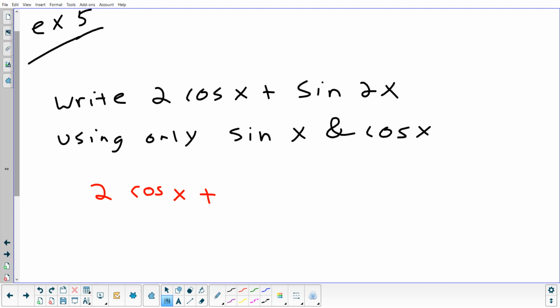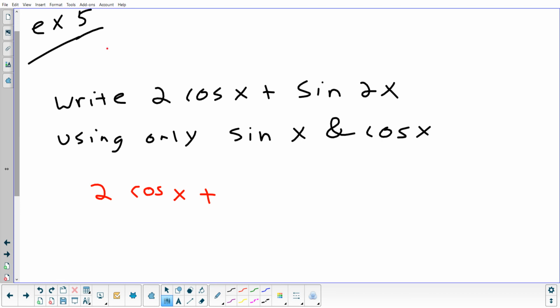And how about sine 2x? How can I rewrite that so there is not a 2 in the argument? So sine x plus x.